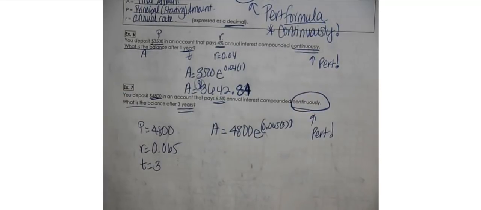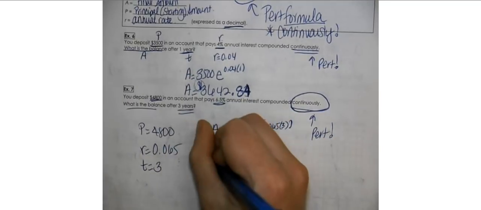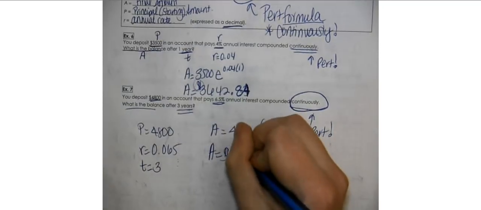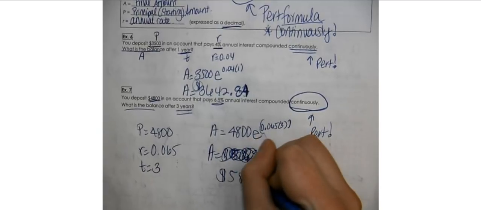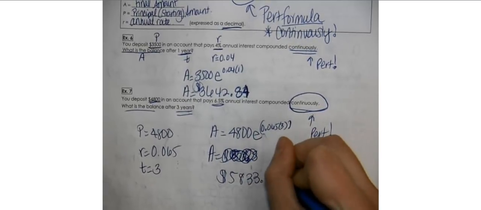So we have 4,800 times E raised to the 0.065 times 3 power, and that's equal to, our amount's going to be equal to $5,833.49. And that is our answer.